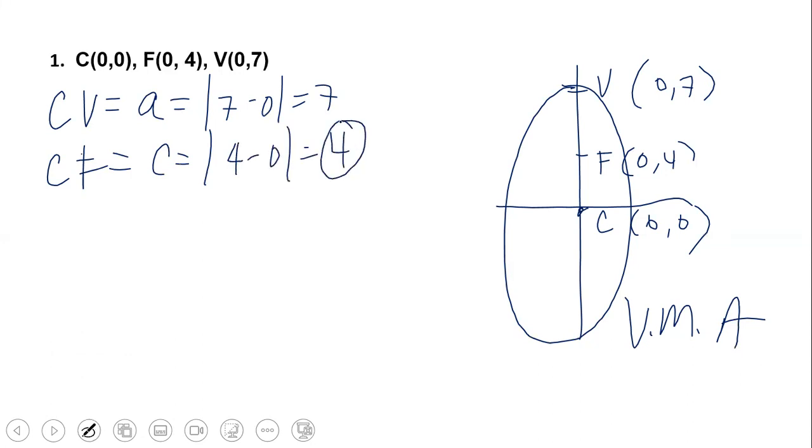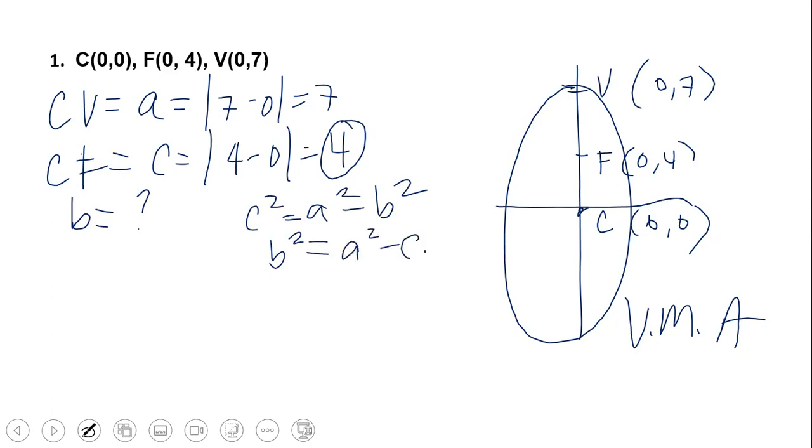So we know these are the values of the segments. So our missing value is B. The formula we know is C squared is equal to A squared minus B squared. So to get our B, this will become B squared is equal to A squared minus C squared.